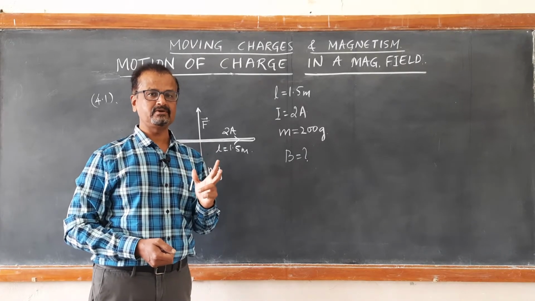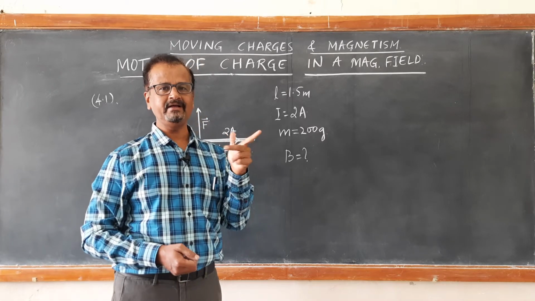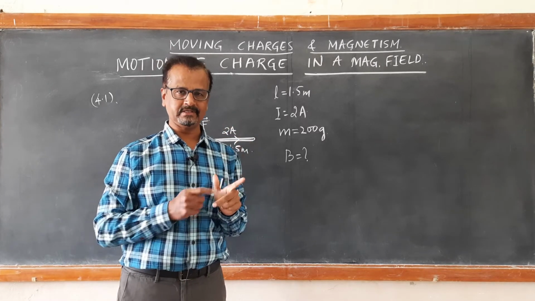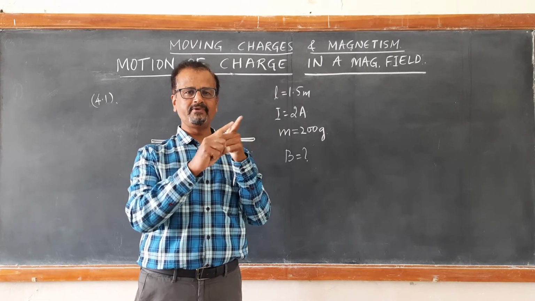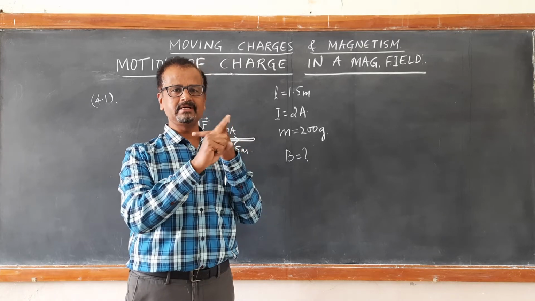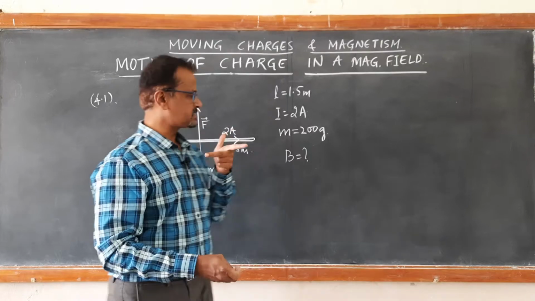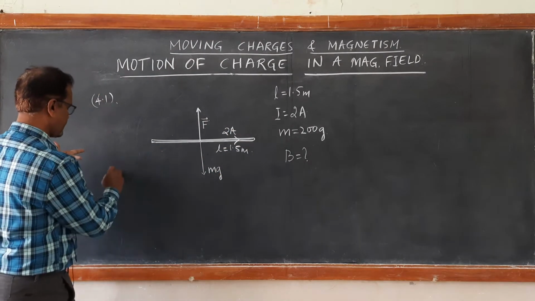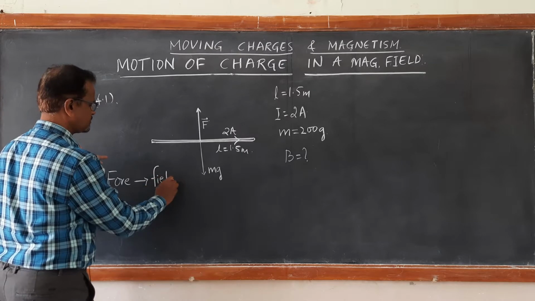What does Fleming's left hand rule say? Stretch the first 3 fingers of your left hand mutually perpendicular to each other: thumb, forefinger and the central finger. The forefinger shows the direction of field. F for field, just remember, forefinger for field.